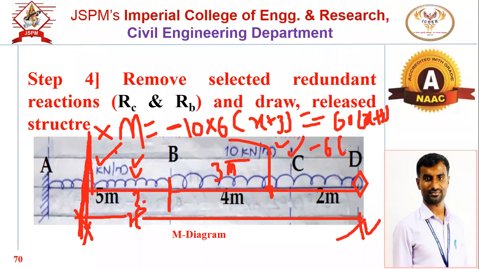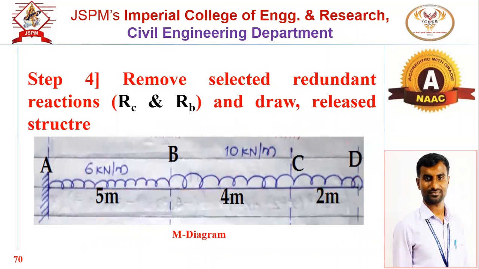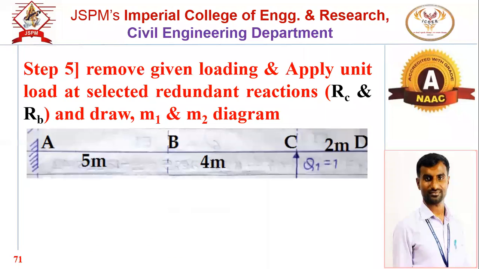So that's why minus 6 in bracket x minus 6 bracket square by 2. So this distance is x minus 6. So that's why minus 60 in bracket x plus 3 and minus 6 in bracket x minus 6 bracket square. So this is the value of M.